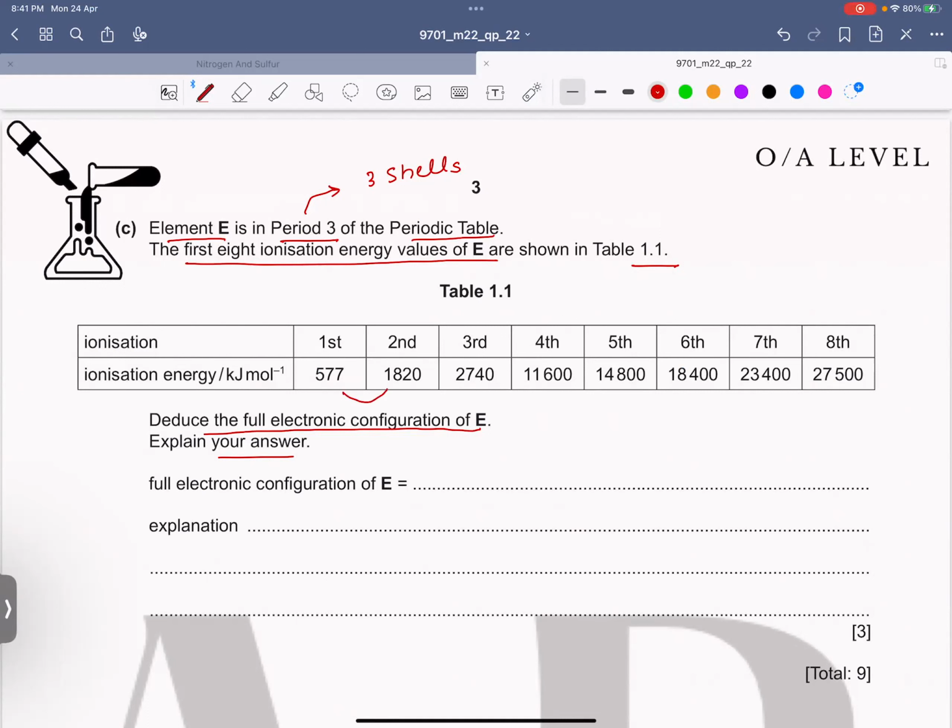Now, if you look at these differences, see over here, the difference is around 1200 or 1300. Here the difference is around 900. But here the difference is around 9000, right?